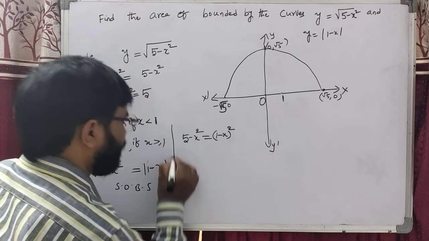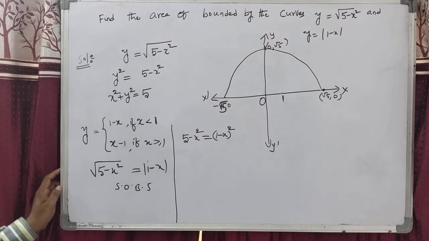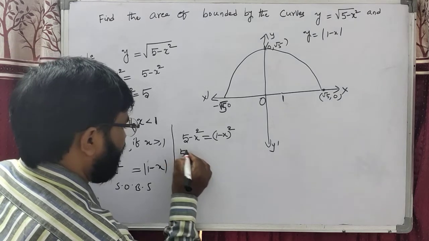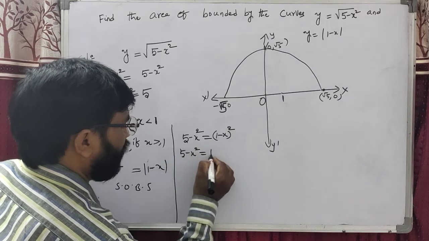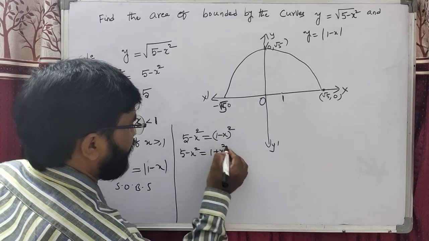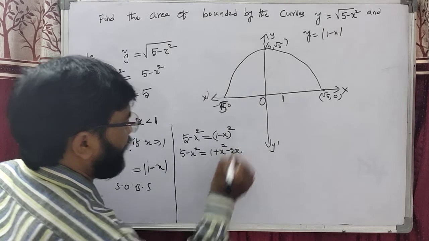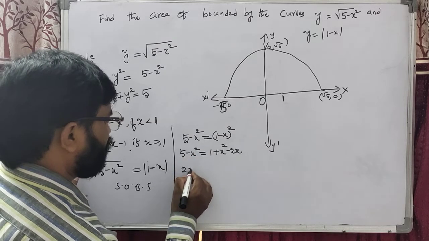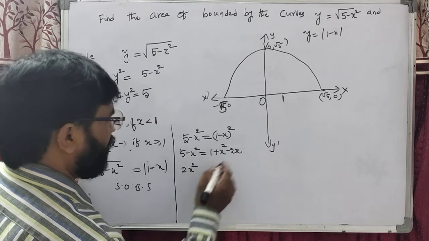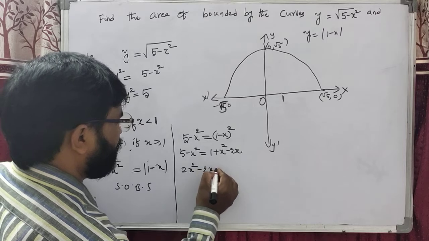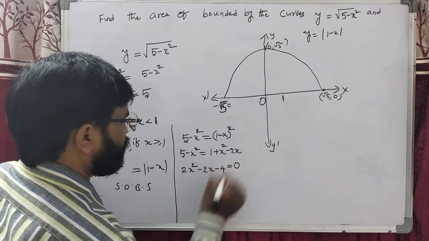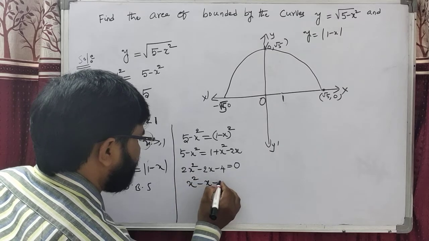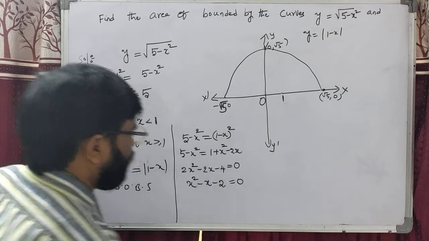Now we are looking to find the intersecting values. Here 5 minus x square equals 1 plus x square minus 2x. Sending to the other side, 2x square minus 2x minus 4 equals 0. Now this is x square minus x minus 2 equal to 0.